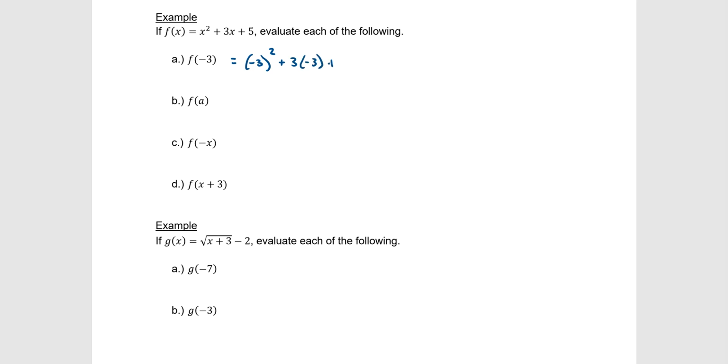Make sure you use parentheses when you're plugging it in, and make sure your order of operations are correct. So that gives us negative 3 squared, 9, minus 9 plus 5. That gives us 5. So the y coordinate is 5, which corresponds to an ordered pair of negative 3 comma 5.